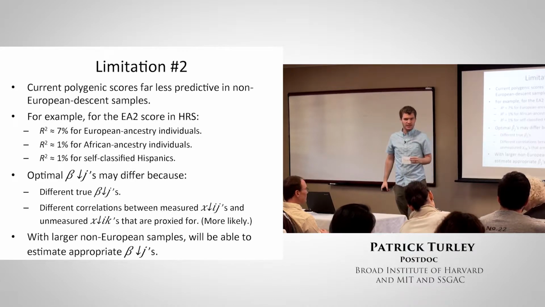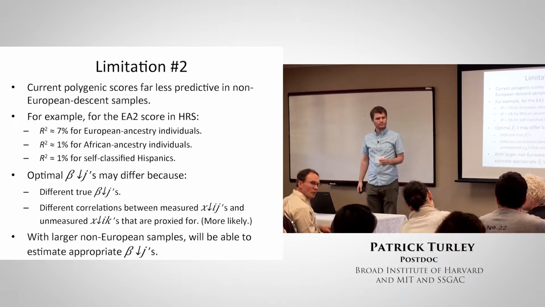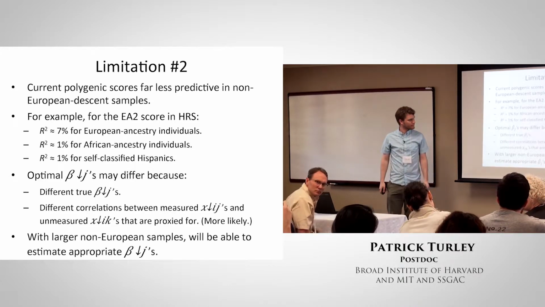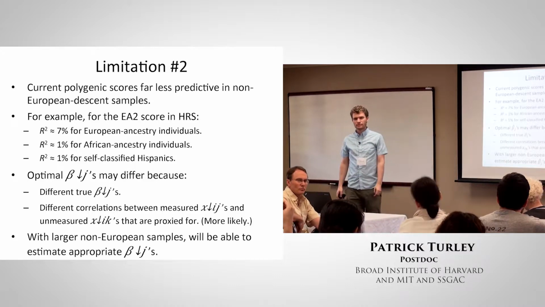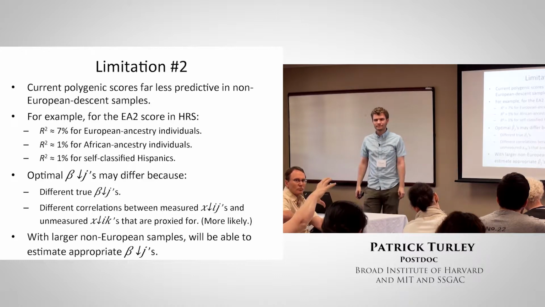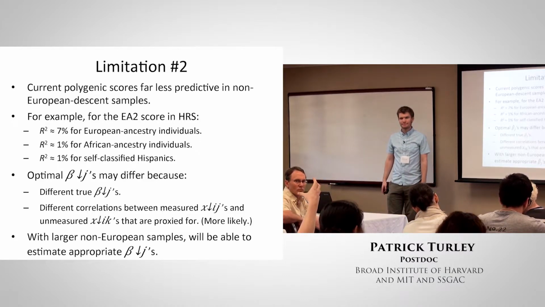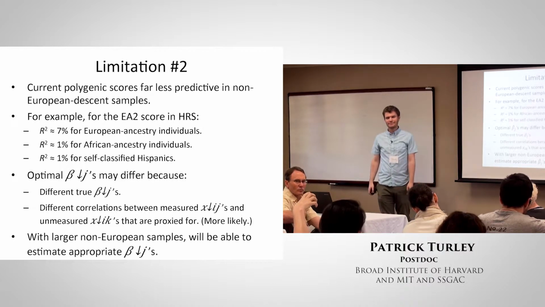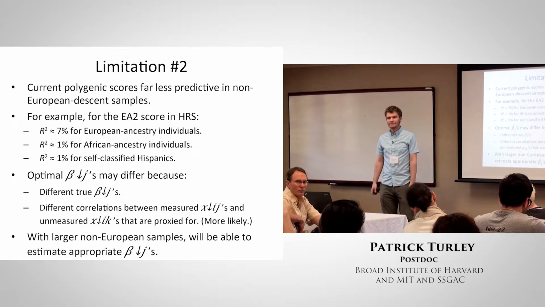Did you have a question too, Chris? Yeah, so we sort of calculated these Bs in part using the D matrix for LD. My question is, if you had LD for one of these groups, could you in principle apply LD for, say, an African ancestry sample and the betas from a European sample and get a better estimate?